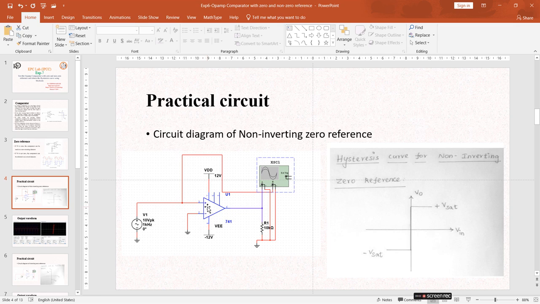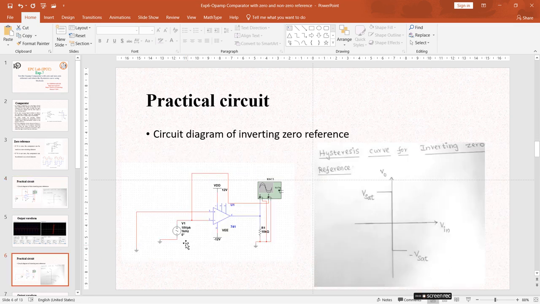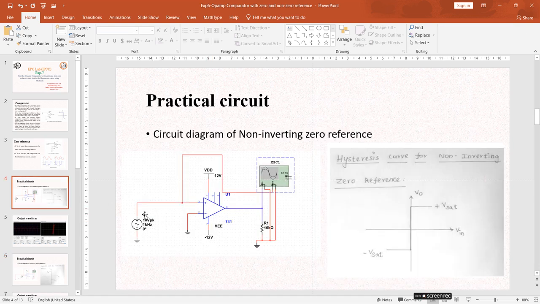In the non-inverting zero reference, we apply the input signal to pin number 3 of the op amp, that is the positive terminal, and the negative is grounded. In the inverting zero reference, the positive terminal is grounded and we apply the input signal to the negative terminal. Please keep in mind that this is the difference.